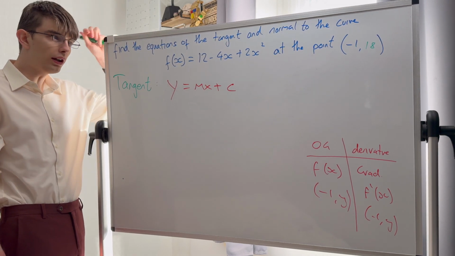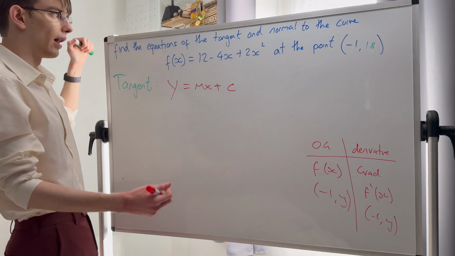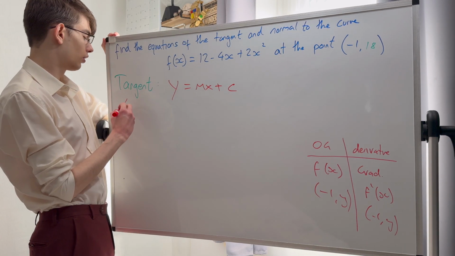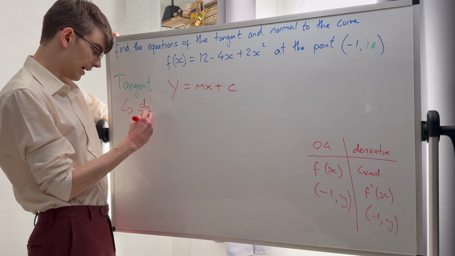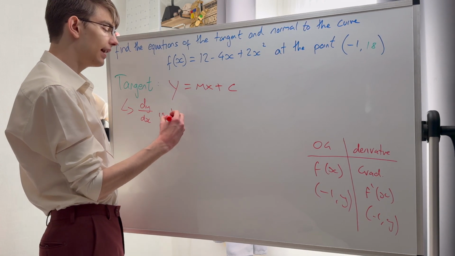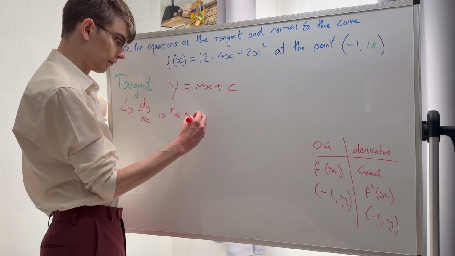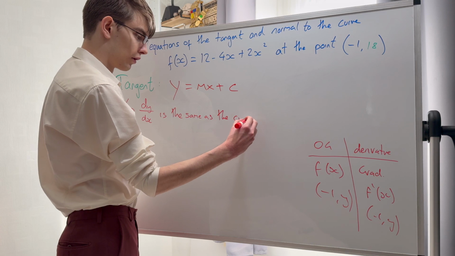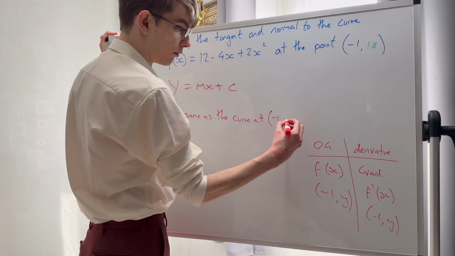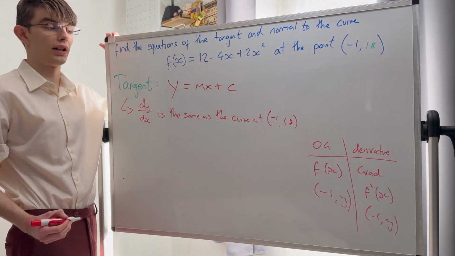So, what information can I get? Well, with a tangent, I know that my gradient, which I'm going to write as dy/dx, is the same as the curve at, and remember the point I'm working at is (-1, 18).